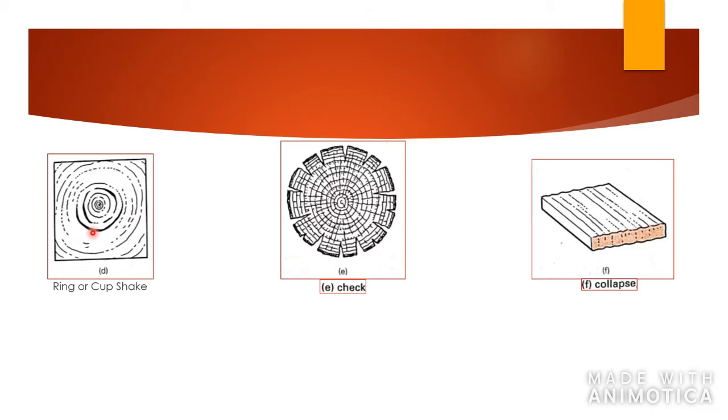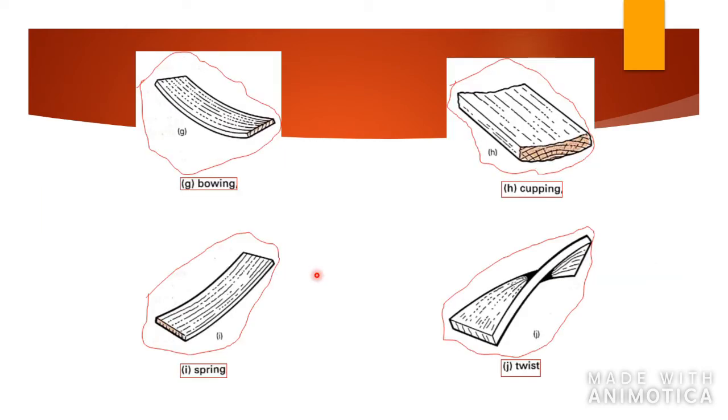You also have bowing. Let's say you order a piece of wood from the manufacturer, and it comes as a straight piece of wood, but over time it begins to bow and change in shape.